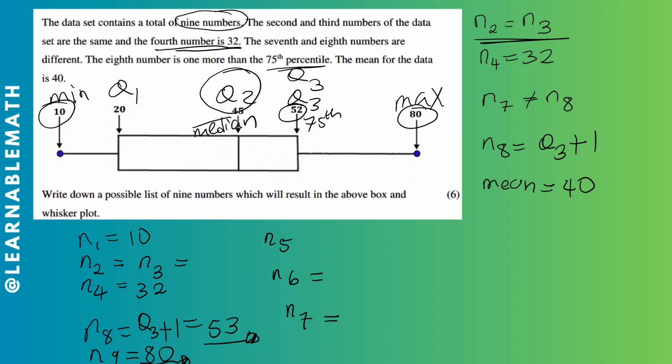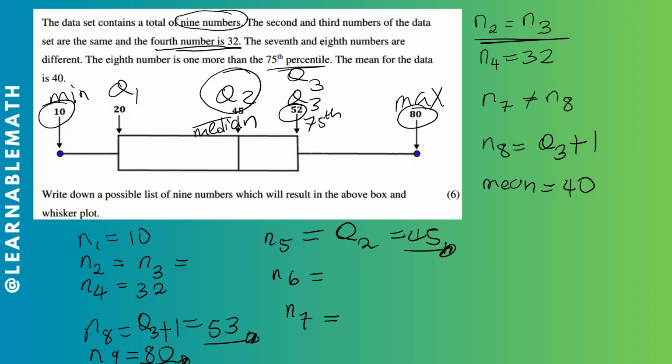If we have 9 numbers, which one will be our median? It is (n plus 1) divided by 2: 9 numbers plus 1 divided by 2, so the median will be number 5. So N5 is the same as the median, which is equal to 45.